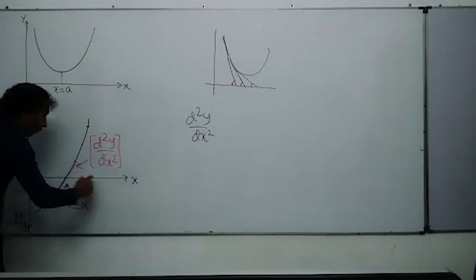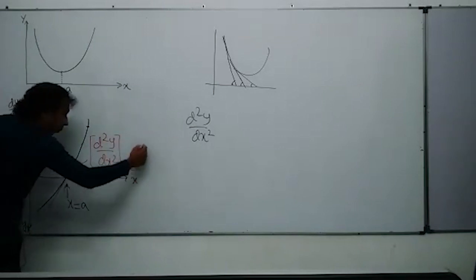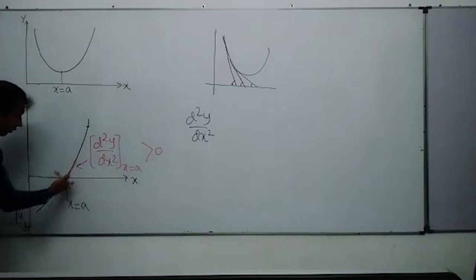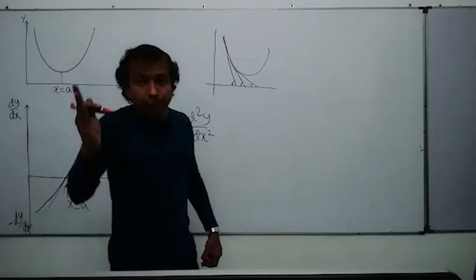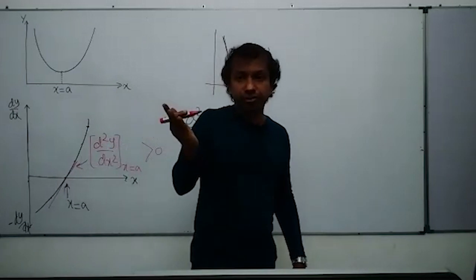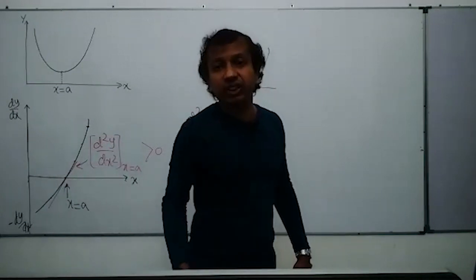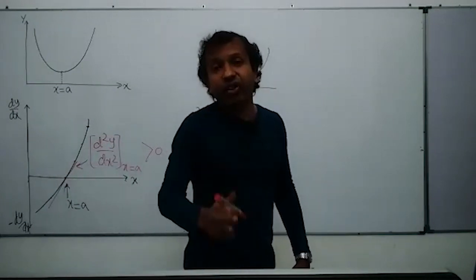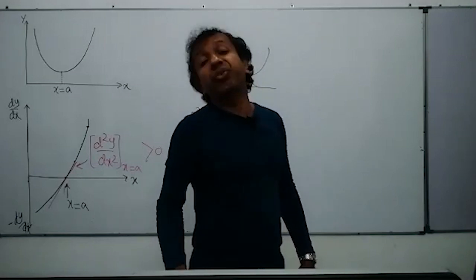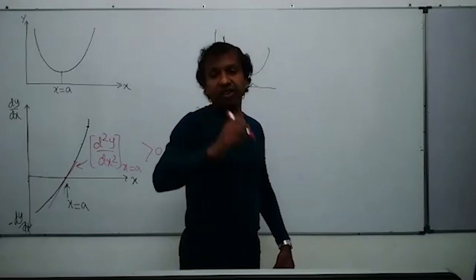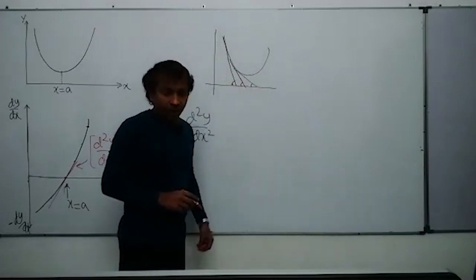You can see it is positive here. So therefore, the second derivative test is this: if we have a minima at a particular x value, at that x value the second derivative takes the positive sign. That's the second derivative test, right?